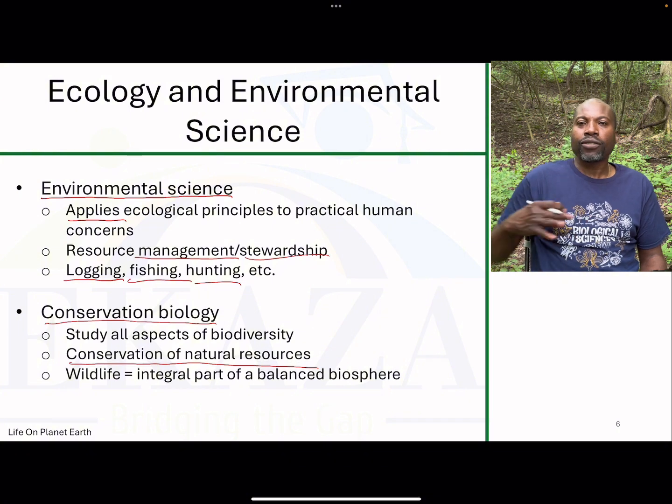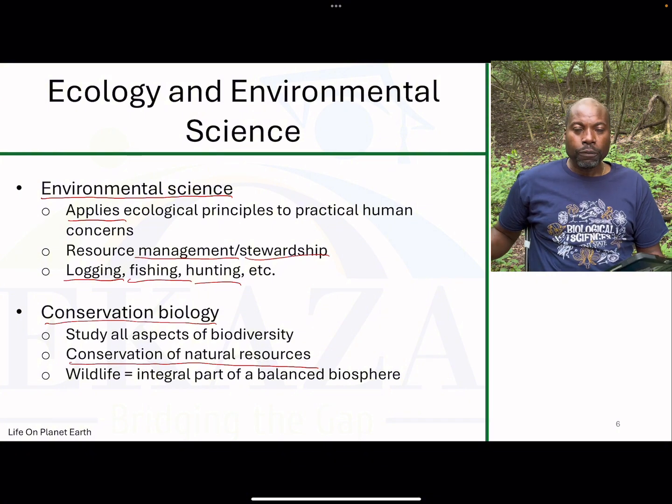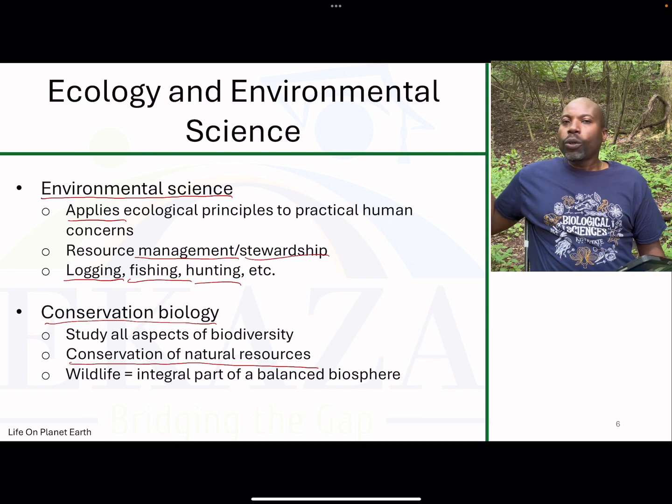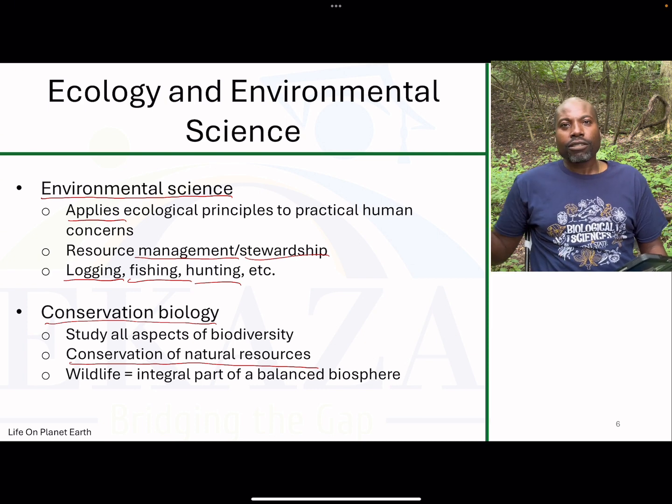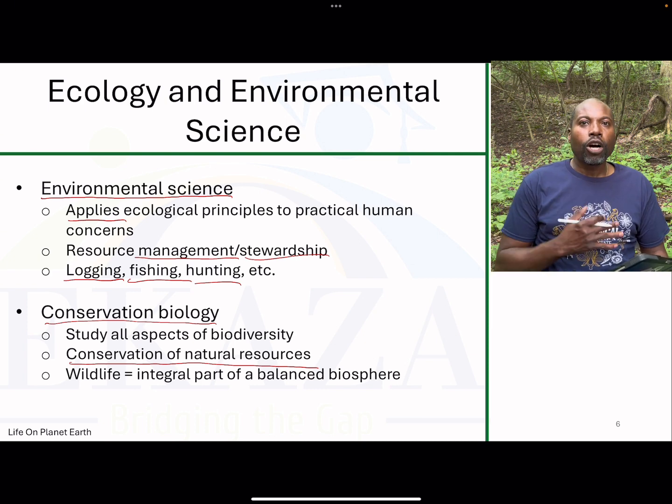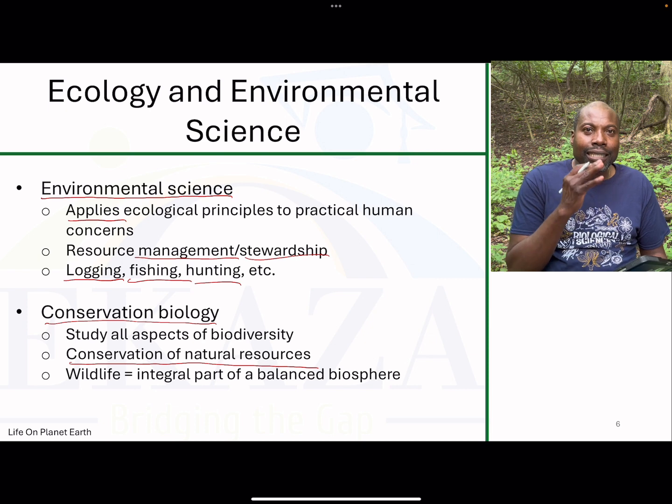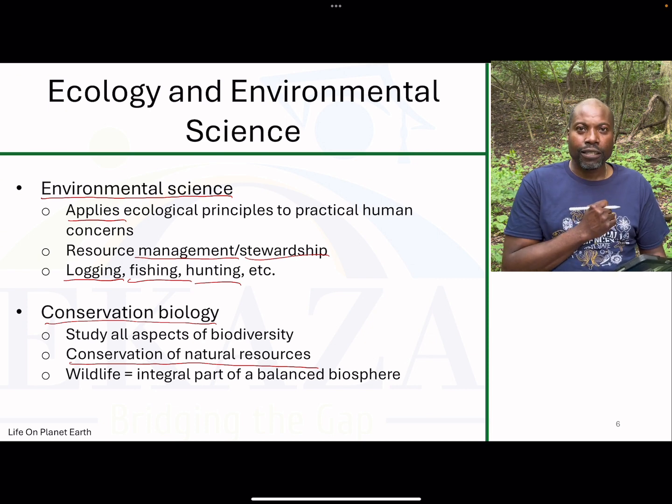For instance, the forest where I'm sitting right now is a preserved area, right? So someone cannot just come and say, well, we are going to build a mall here. That is not going to happen, right? Because in conservation biology, we've said that this area is designated a nature preserve, right?